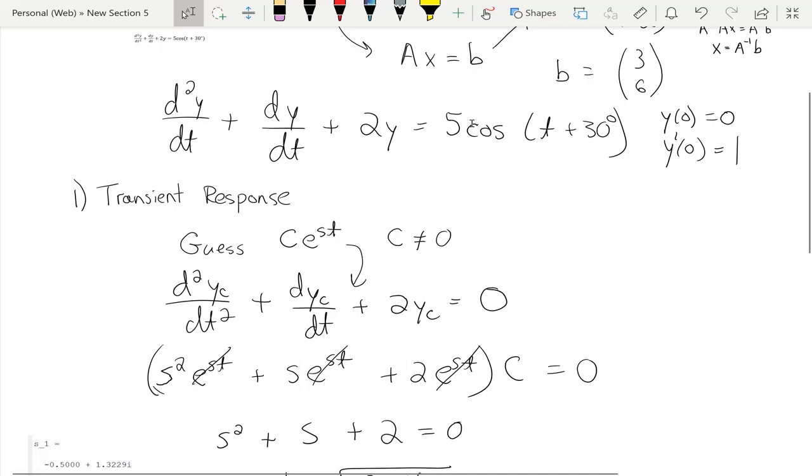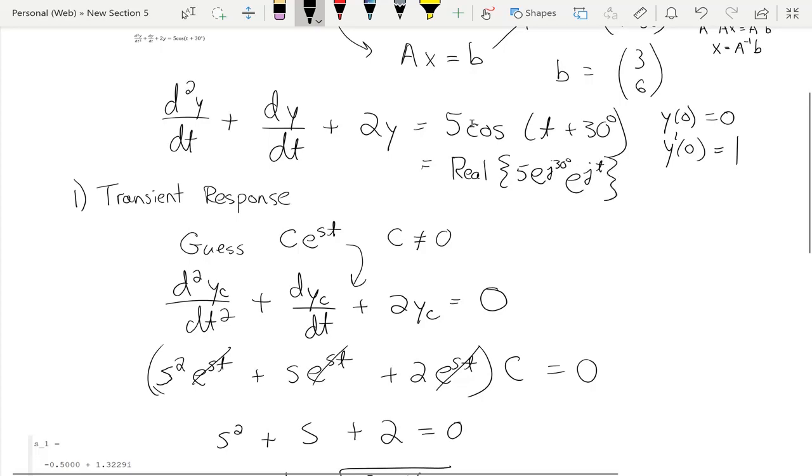Complex exponentials. In particular, I can say that 5 cosine t plus 30 is what? You guys are going right to telling me the complex exponential. But it's not the complex exponential, it's the real part of 5 e to the j 30 degrees times e to the j t, like that.